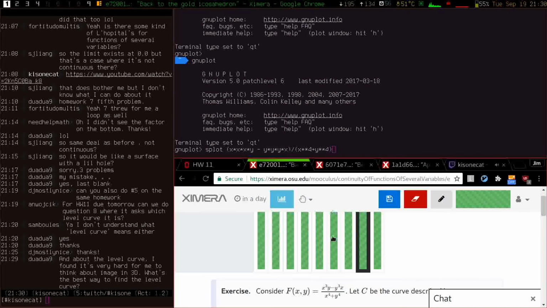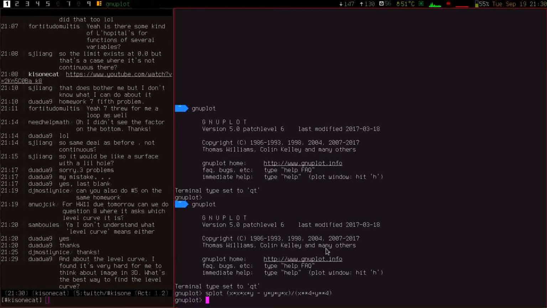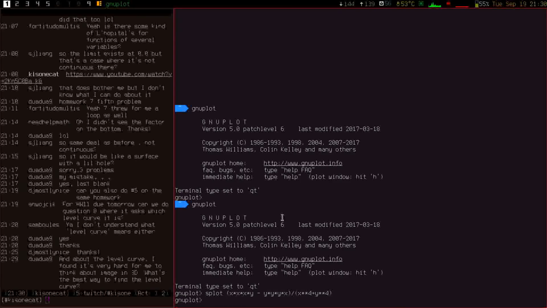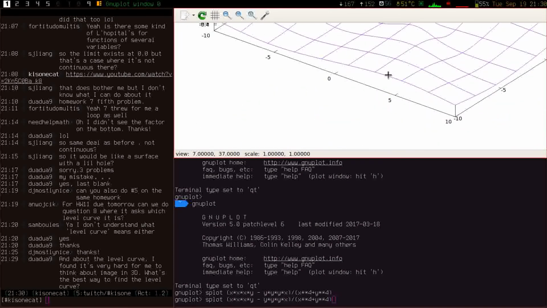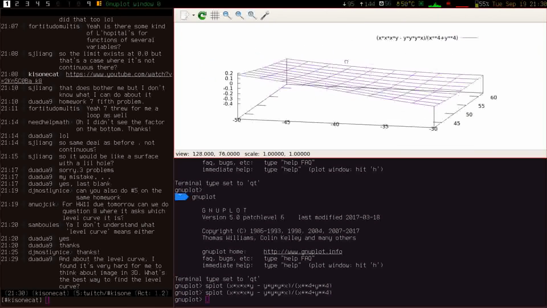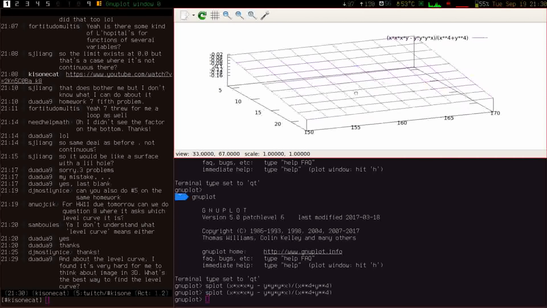Let's try it one more time. If I move these things away, that looks pretty good. I keep messing up where I am. Oh, I'm so lost. Oh, there we go. Yeah, I don't know. This is not the best plot I've ever seen.